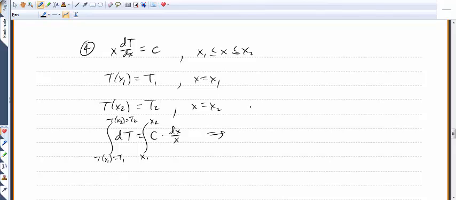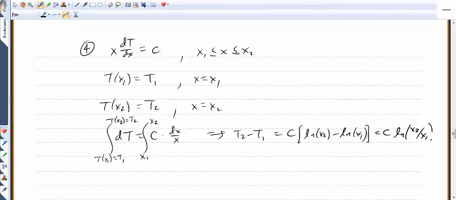In doing this, the left side now becomes T2 minus T1, and the right side becomes c times the natural log of x2 minus the natural log of x1, which is of course c times the natural log of x2 over x1. So we can solve for c then as T2 minus T1 over the natural log of x2 over x1.